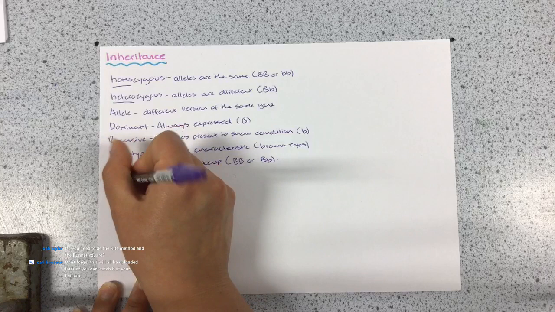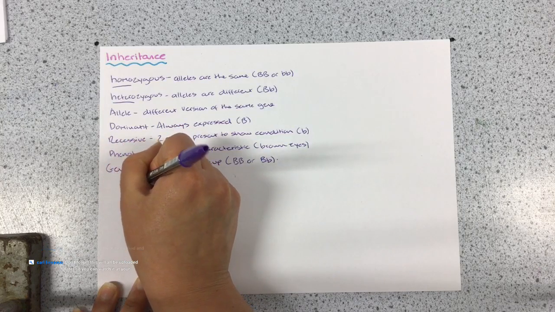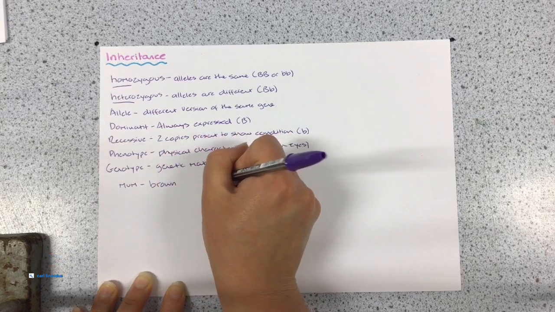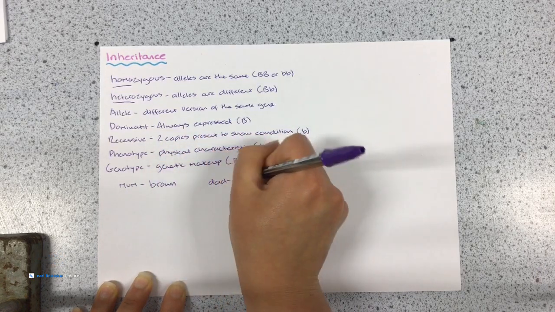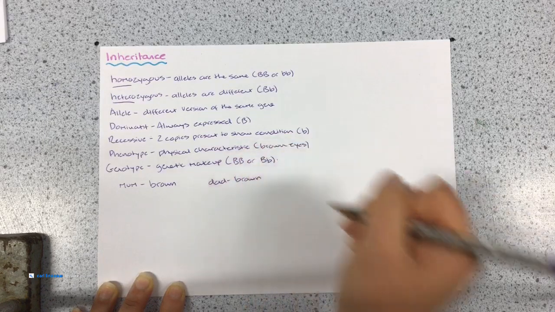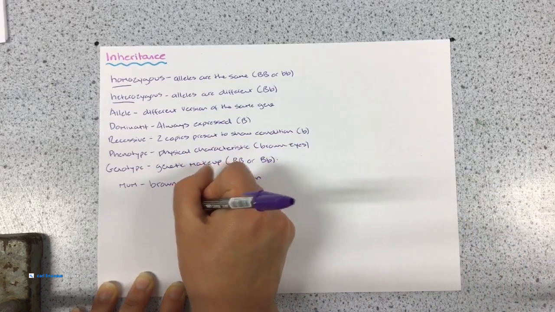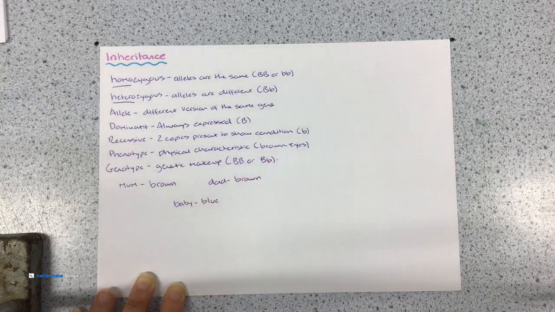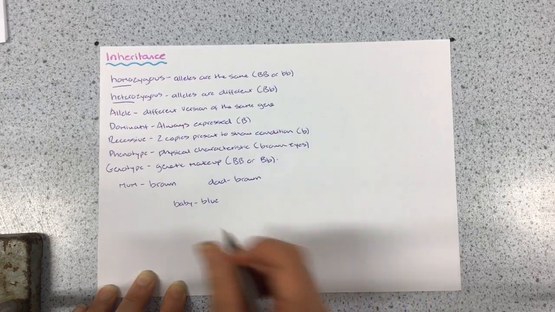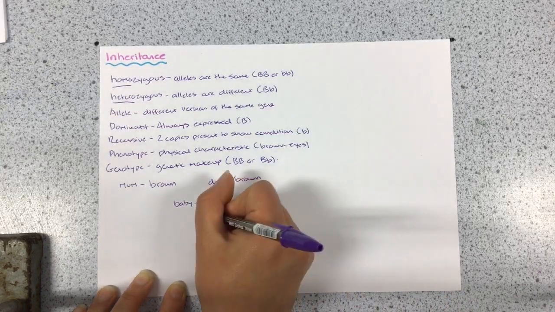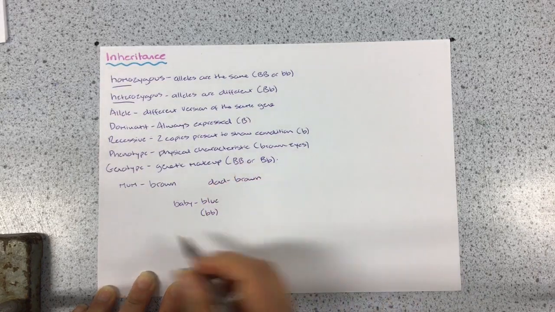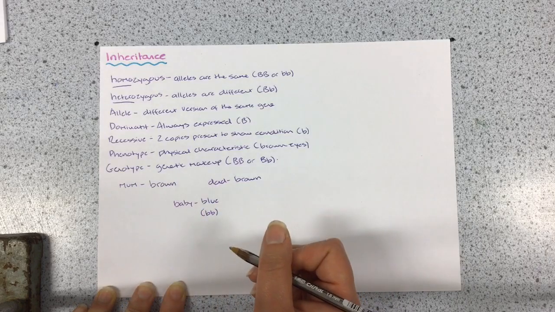So for example, if we had a mum with brown eyes, and we had dad with brown eyes, and they managed to have a baby with blue eyes, this should tell you that one or both of them have at least one recessive allele, because to have blue eyes, which is a recessive condition, the baby's genotype must be two little b's. To work this out, we would draw a Punnett square.